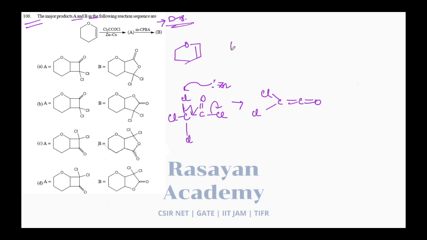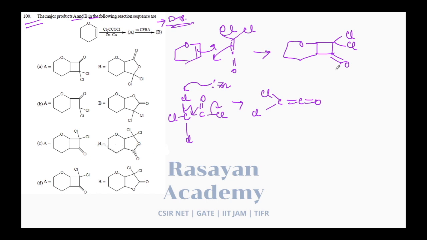Dichloroketene. And the dichloroketene is going to react with this alkene. Okay, you have got 2 Cl over here, one carbonyl on this side. Let's say you have got this product.